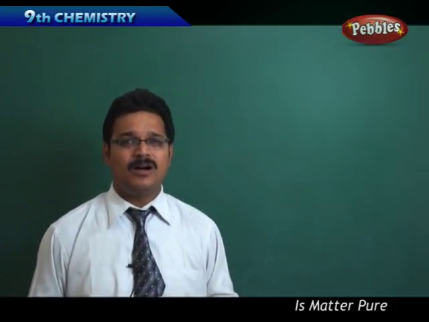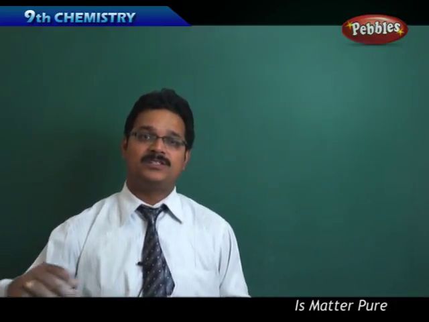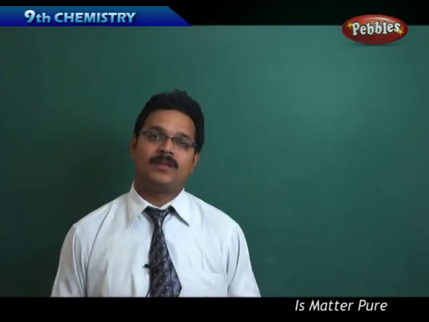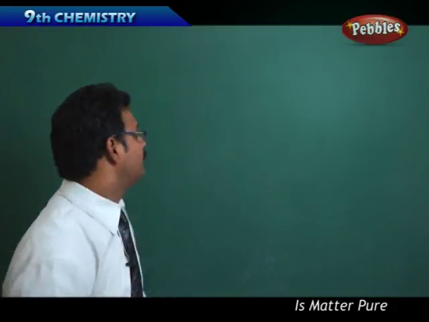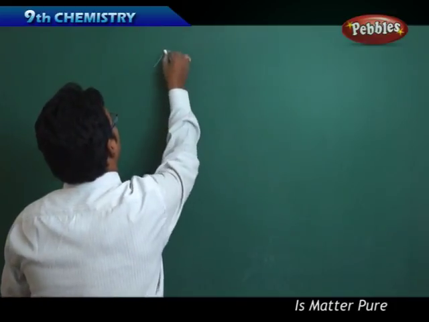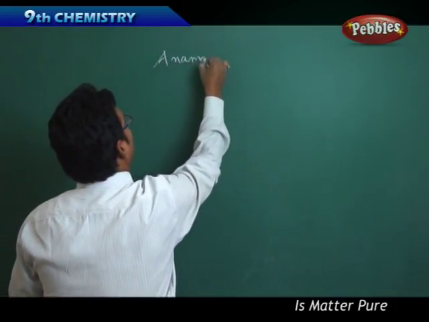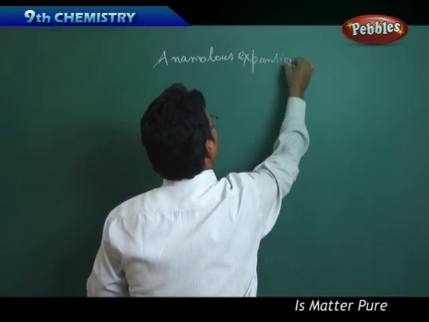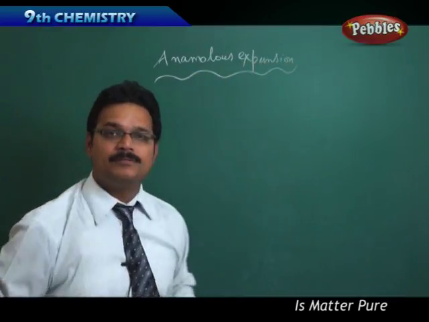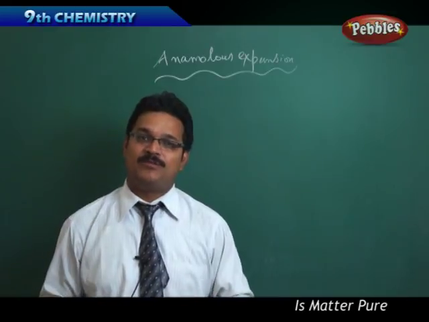So how do the ice sheets float on the surface of the lake? How is it possible? Let me explain. This phenomenon is called anomalous expansion of water. Anomalous expansion of water.